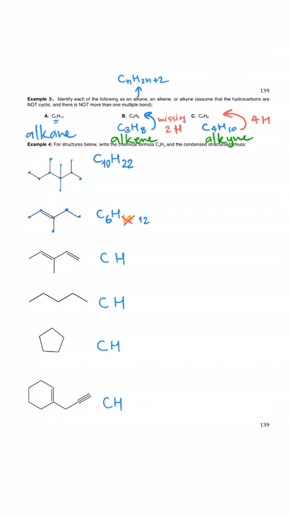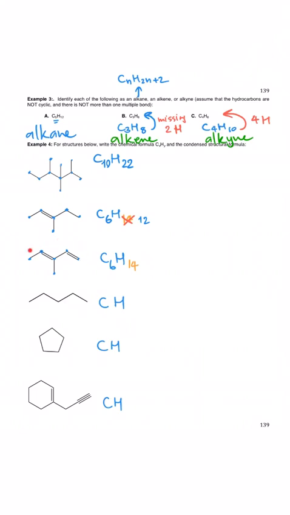Do the same thing for the third structure, which contains 1, 2, 3, 4, 5, 6 carbon. Again, I'm going to start with the alkane chemical formula, which is 14. Again, 14 comes from the generic chemical formula of an alkane.